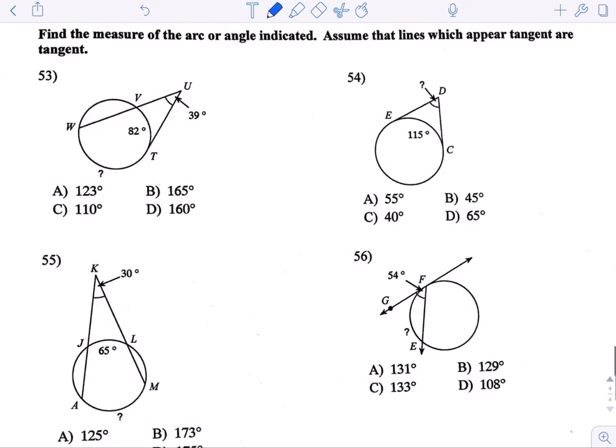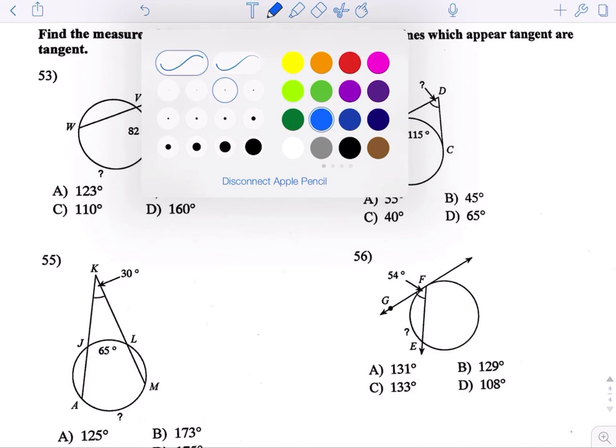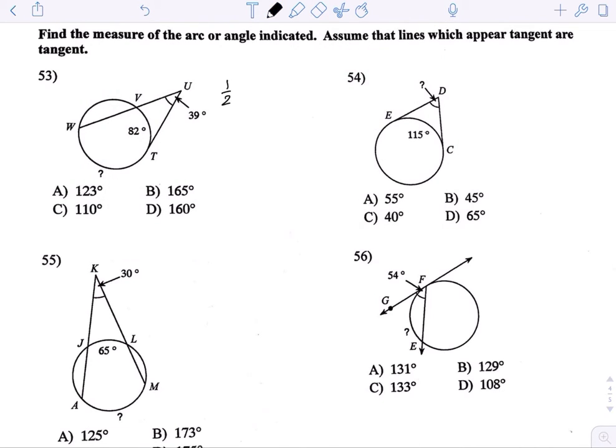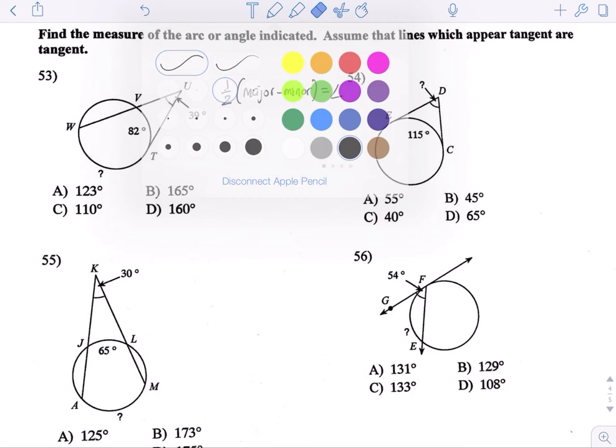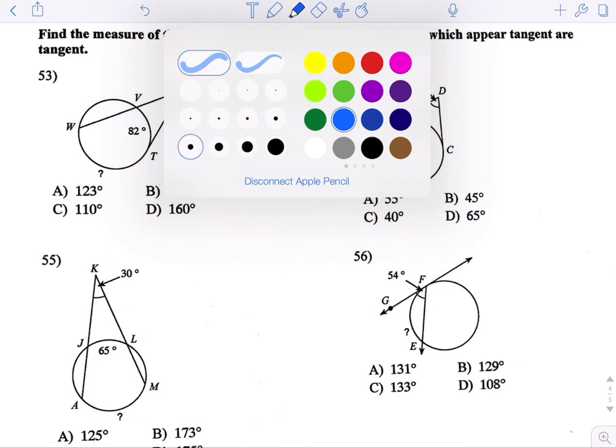Alright, so these ones, you guys, are using your knowledge of major arcs and minor arcs. So I'll write it in black and then I'll just highlight this stuff. Okay, so one half major arc minus the minor arc is equal to the angle. So I'm just gonna highlight for us.